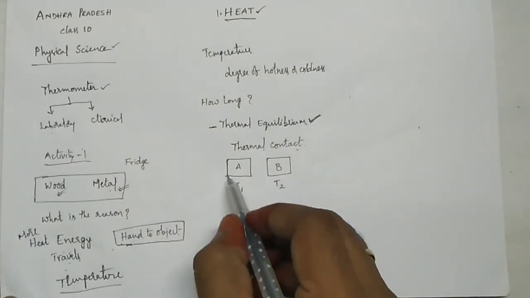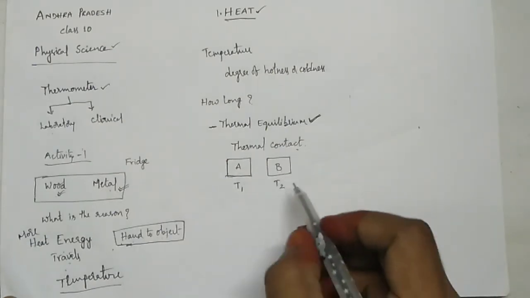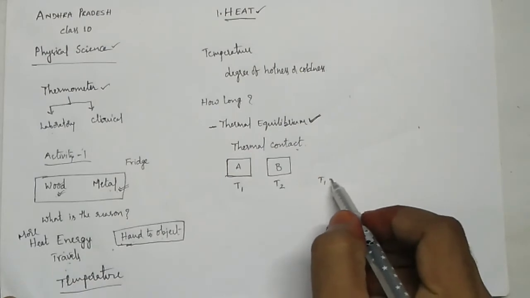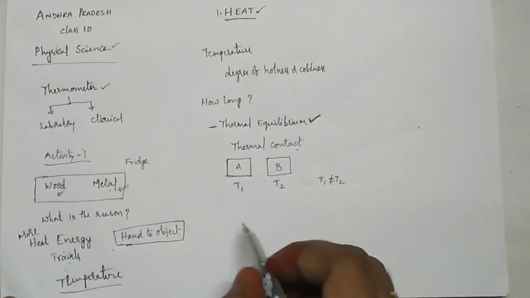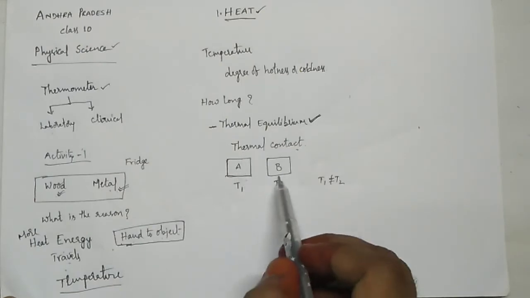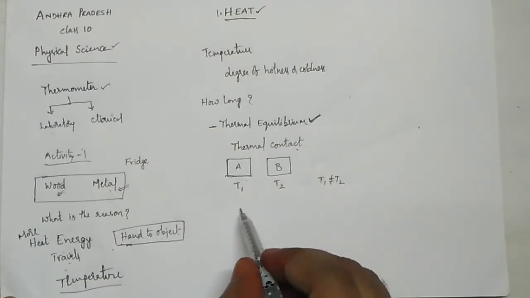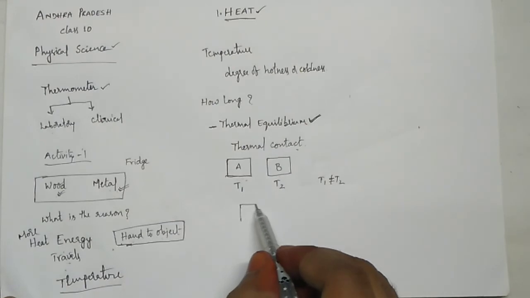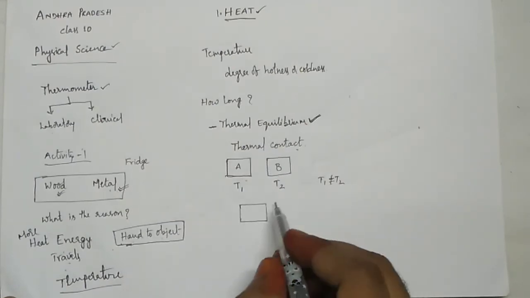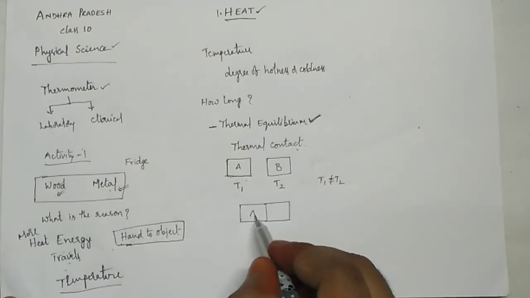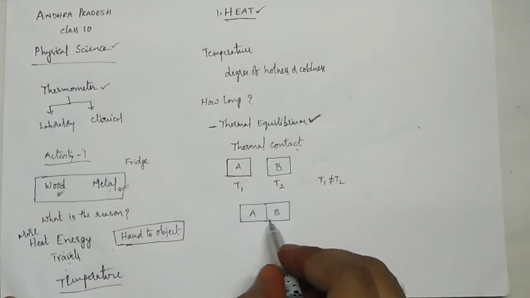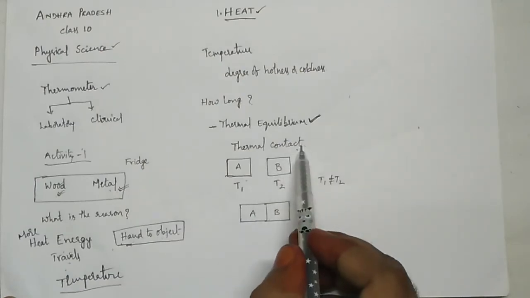Are they at the same temperature? T1 is not equal to T2. Now if I bring A and B into contact with each other, so that A and B touch each other, this is called thermal contact.